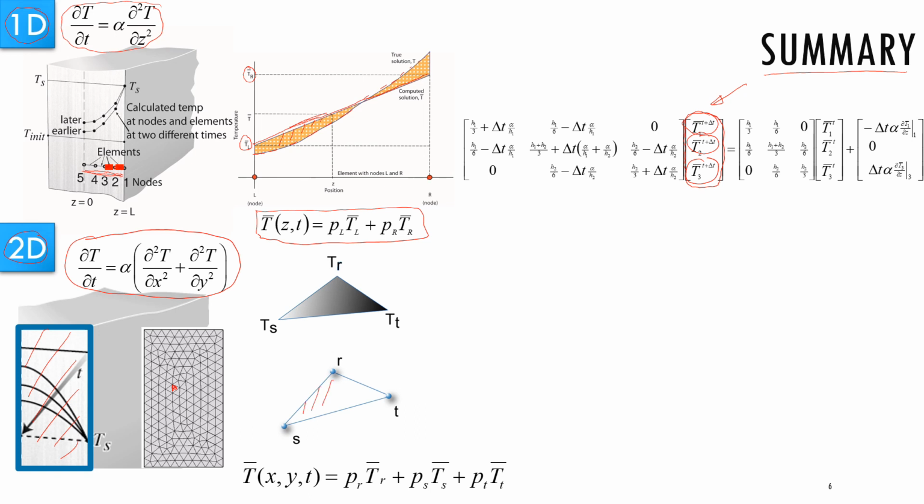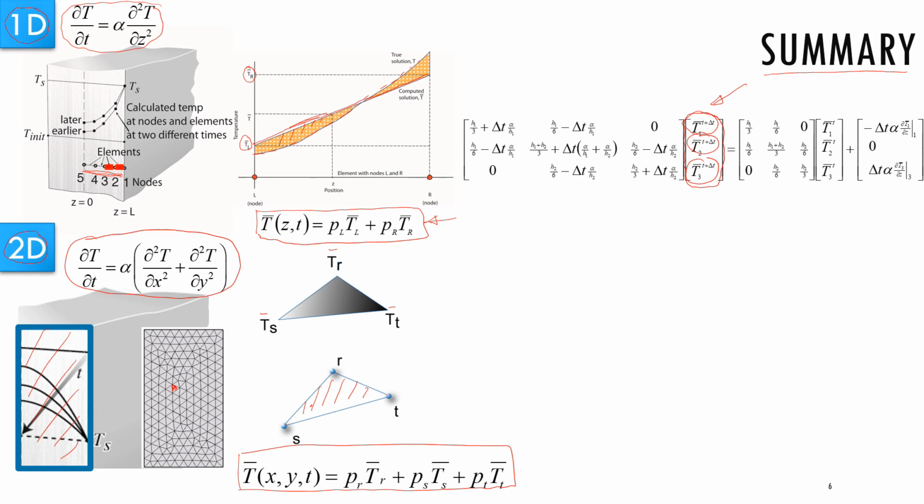This is one of those triangles, and these are the values at the 3 nodes of that triangular element. Then any point inside will have a temperature given by this equation, which is totally analogous to this one.